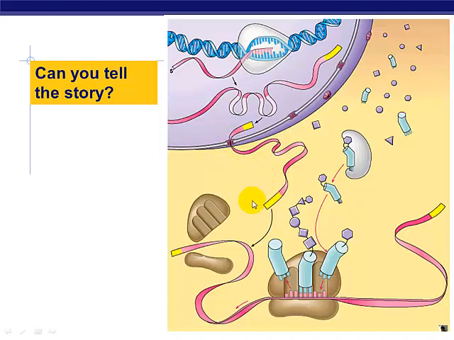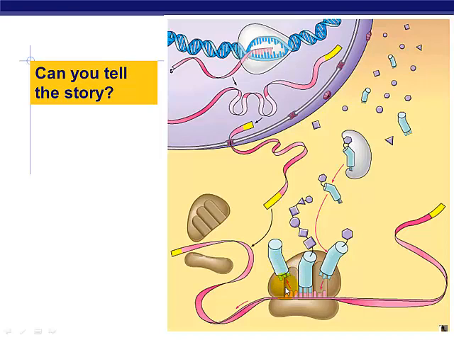Once it gets out of the nucleus, it meets up with what is this? rRNA and another protein that together form what molecule? A ribosome. Very nice. At the ribosome, what is this? A tRNA. And what is this? The anticodon.